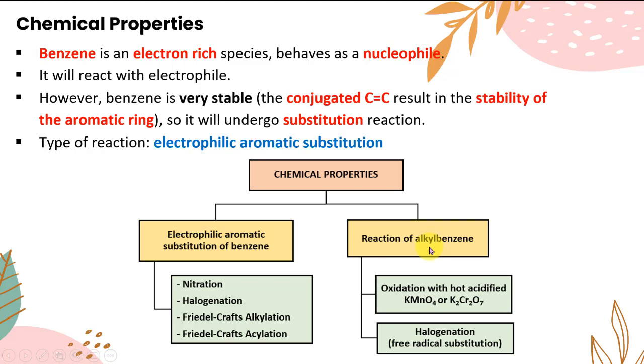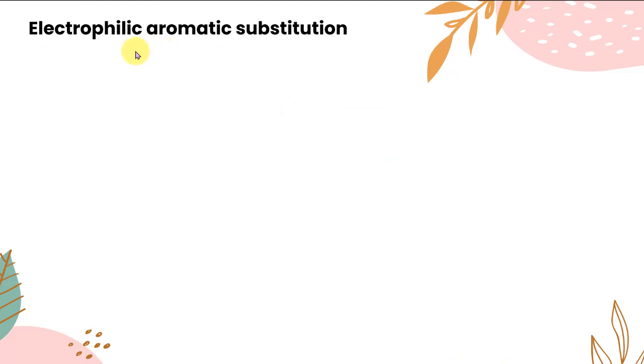This includes oxidation with hot acidified potassium permanganate or potassium dichromate, and also halogenation of the alkyl substituents, which is a revision of chapter 5.1, the reactions of alkanes, free radical substitution.